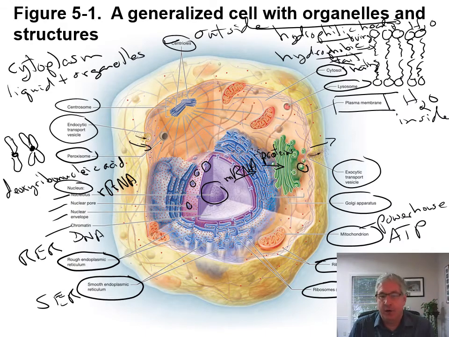Let's see. And then ribosomes, we talked about those. Those take RNA and they make protein from the RNA template. And smooth endoplasmic reticulum is mostly for production of lipids and some cholesterol, that kind of stuff. Okay. All right, next slide.